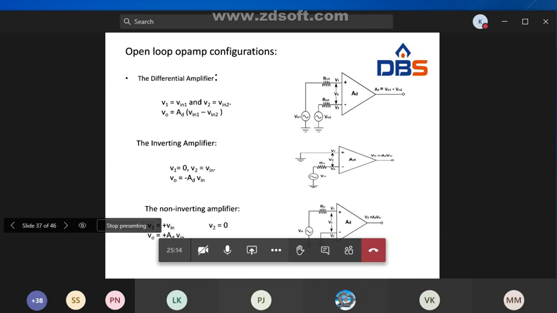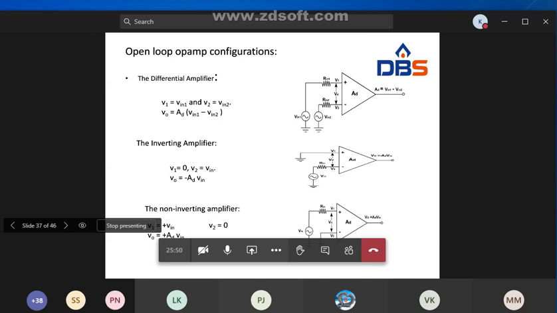As the name implies, in the inverting amplifier, the input signal is applied to the inverting terminal. This is the input resistance. In the inverting amplifier, the other input will be 0. Here it is V1, it is V2. V1 equal to 0 and V2 equal to Vin.